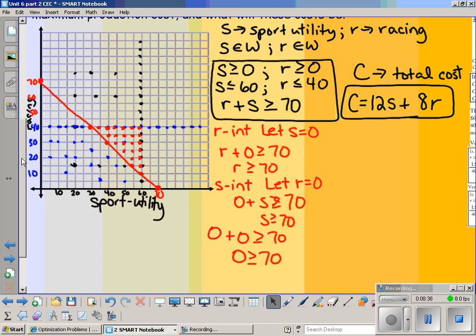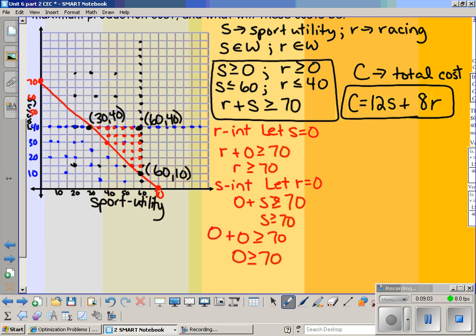What we now need to do is determine our corners, or vertices, of this feasible region. It's a triangular shape, so we have 3 vertices. This one is at 60, 40. This one here is at 60, 10. And this one is at 30, 40.